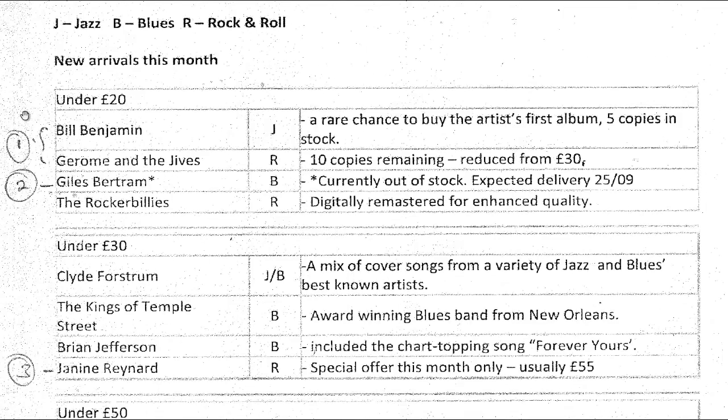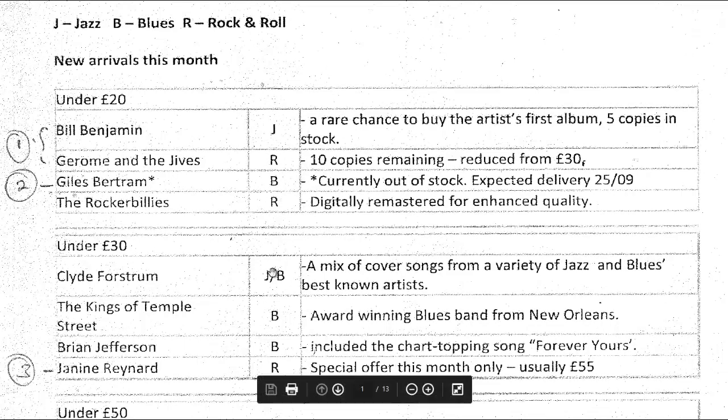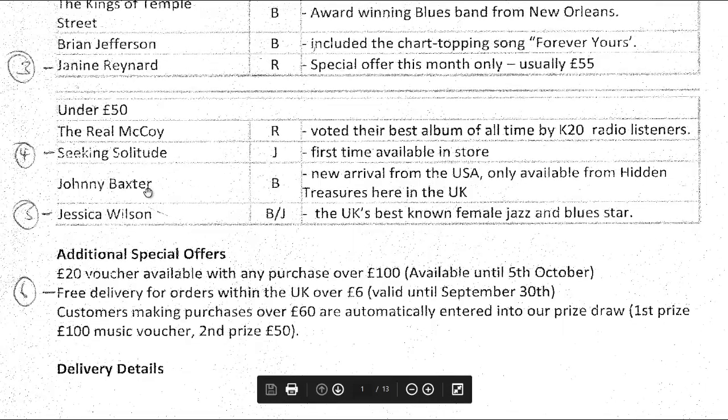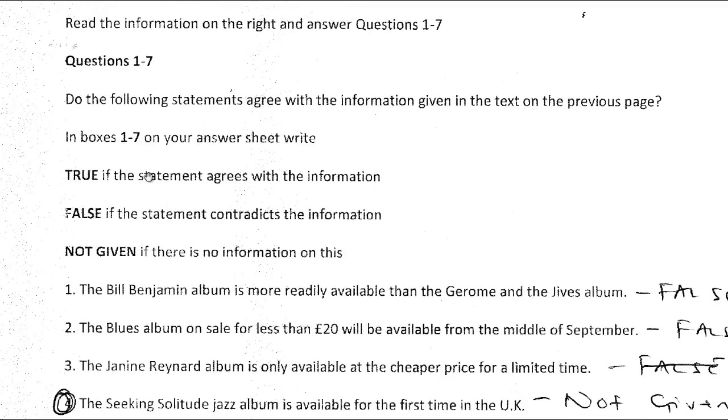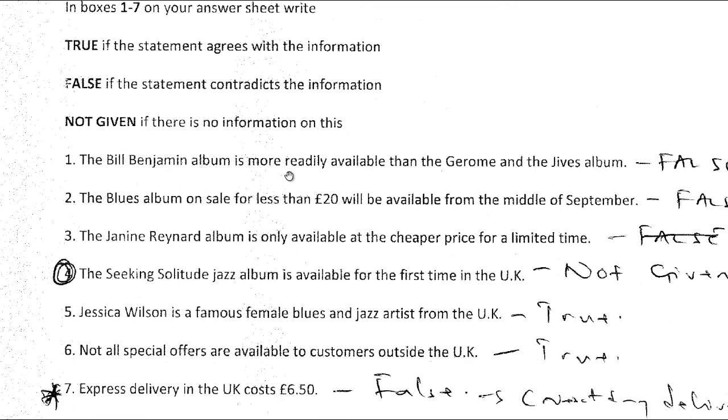New arrivals this month: under 20, you have J, R, B. Remember, they've actually explained what these things are. Under this, you have the names of the artists. Then you just move to the questions and ask yourself, is the Bill Benjamin album really available compared to the Jerome Jives album?